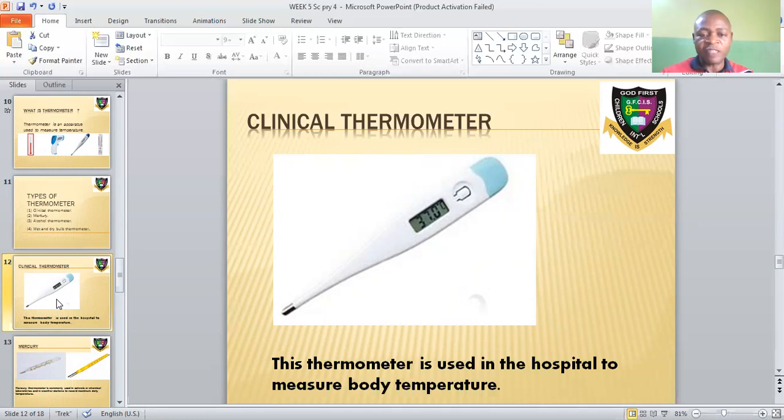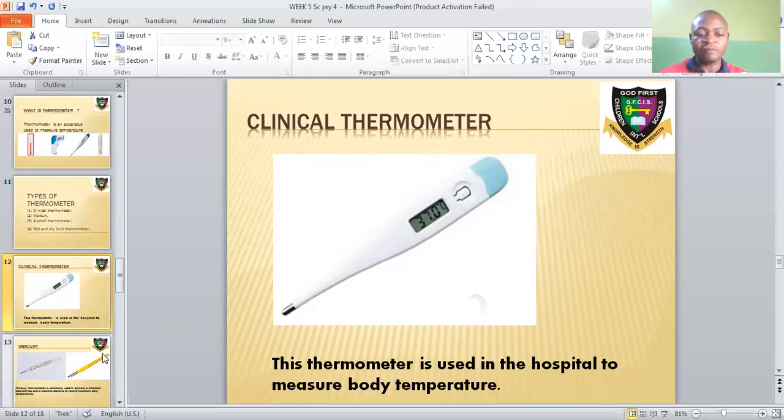This one is an example of a modern clinical thermometer that doctors use in the hospital to measure body temperature. So this is a good picture of a clinical thermometer.